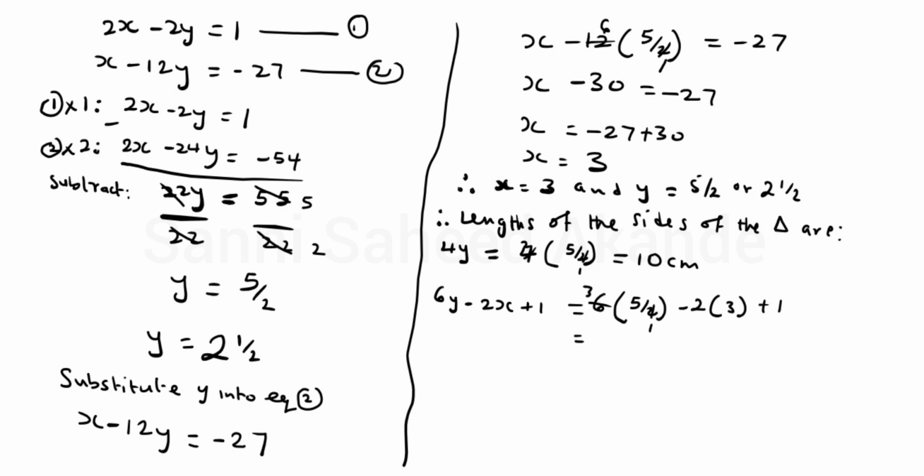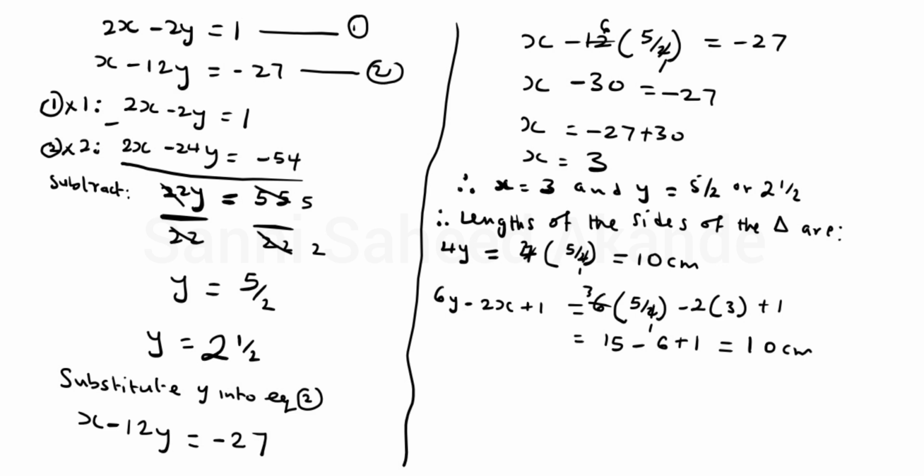So 3 times 5 will give us 15, minus 2 times 3 is 6, plus 1. So that will give us 15 minus 6 plus 1. That will give us 10 centimeter. Understood? So you could see now that these two sides are equal to each other, 10 centimeter, 10 centimeter.